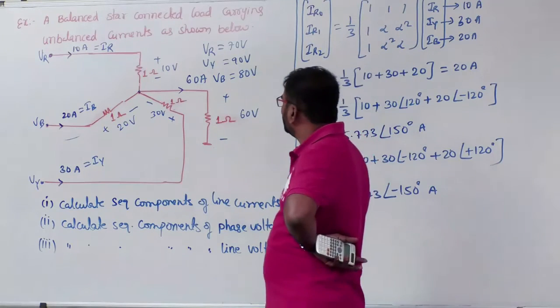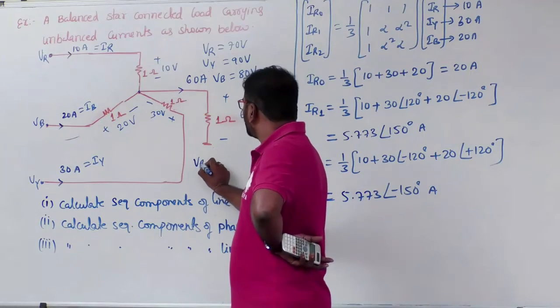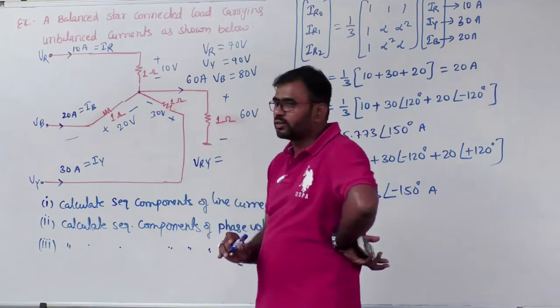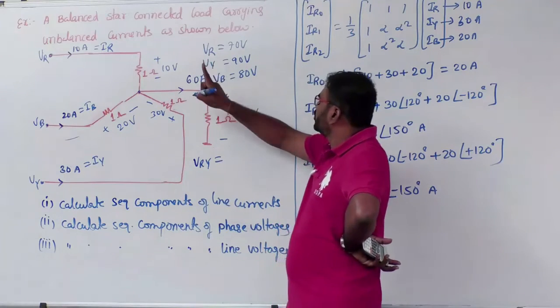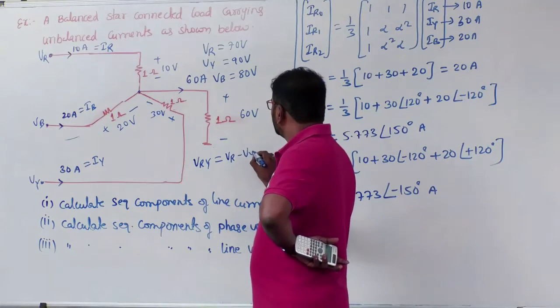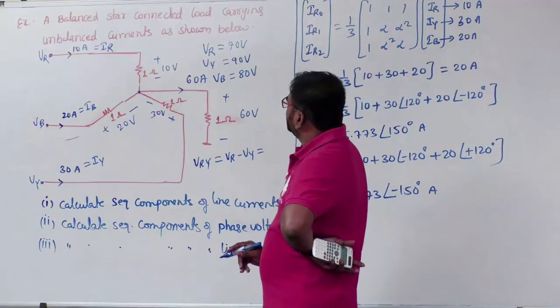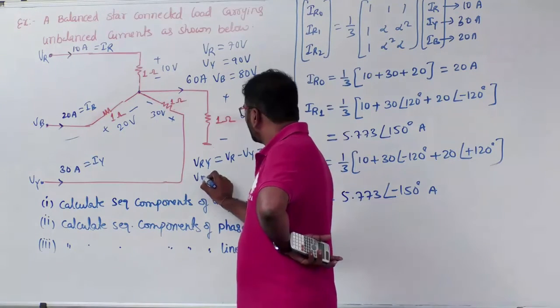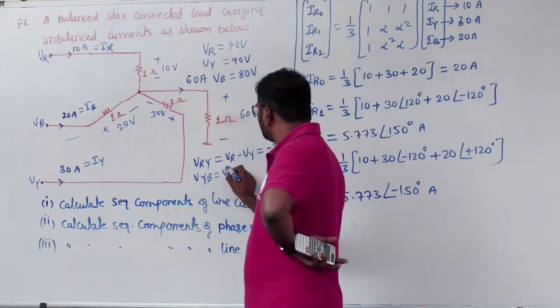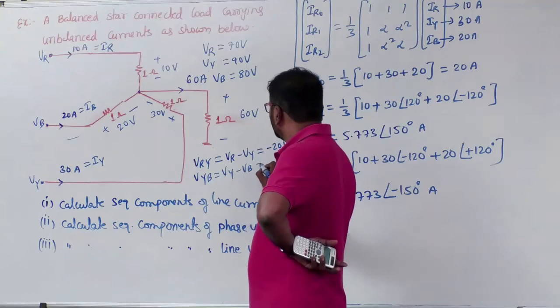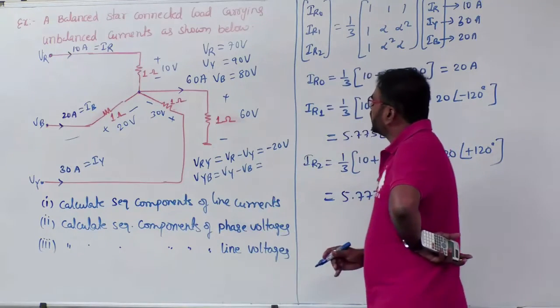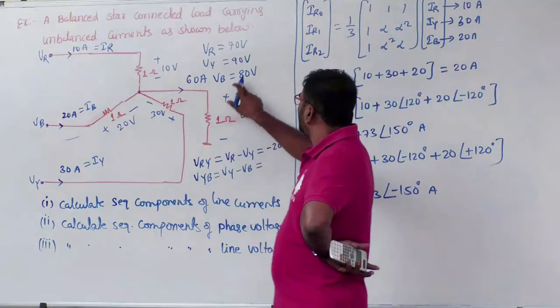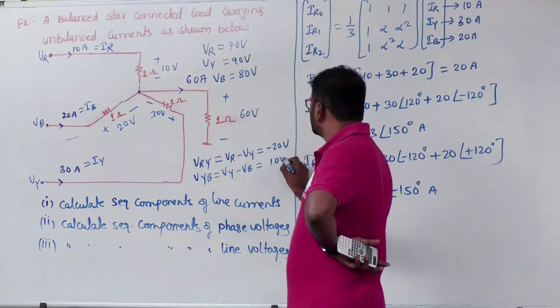How to calculate the line voltages? Vry is Vr minus Vy: 70 minus 90, minus 20 volts. Vyb is Vy minus Vb: 90 minus 80, which is 10 volts.